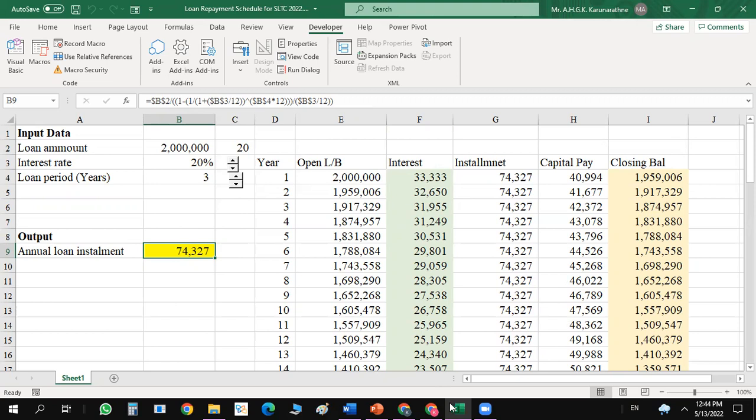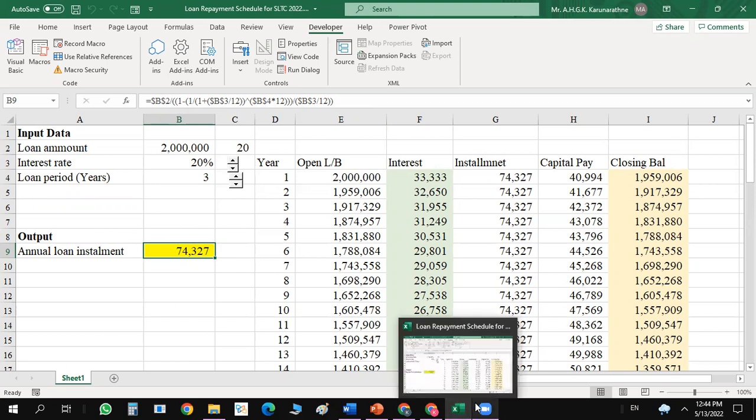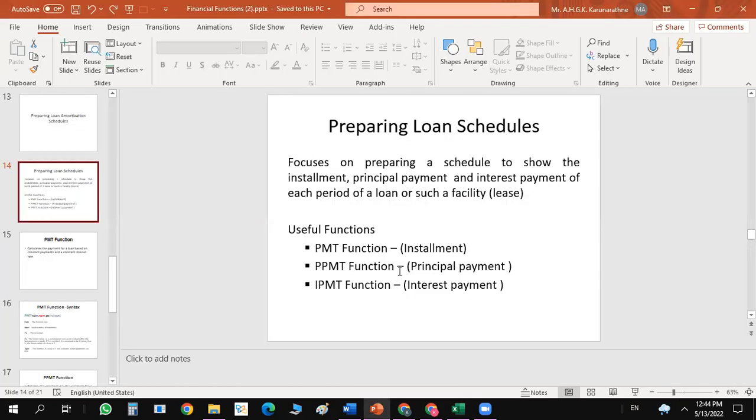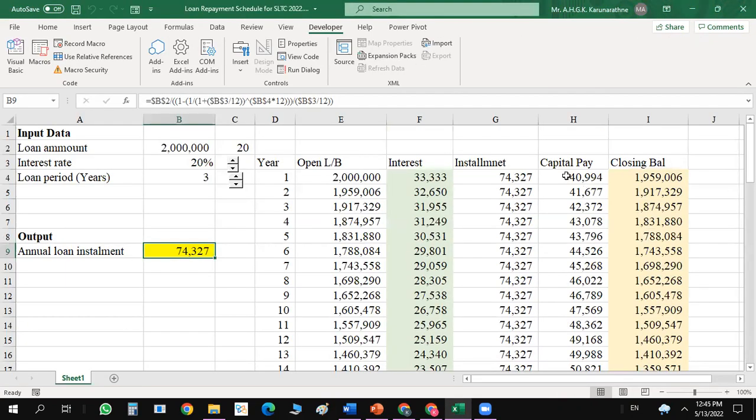Then PPMT. The PPMT function lets you compute principal payments. That means capital payments. Mainly, PPMT is the formula used to compute principal payments, the capital repayment.